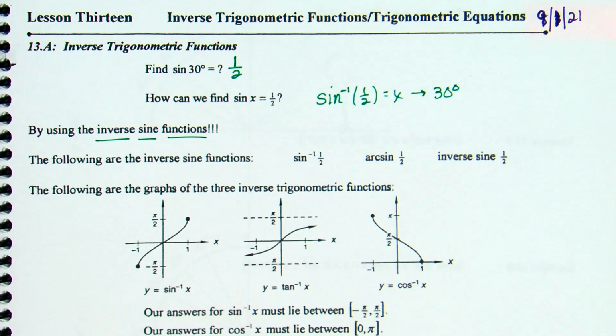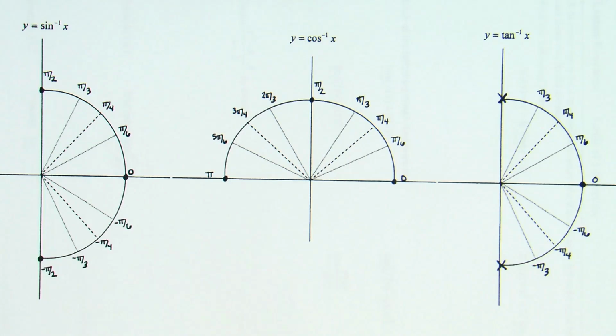Do you remember what this correlates with? Remember those 3 half circles? These 3 half circles are on the next page of your notes. These are your range values for each function. So this is on sine inverse, what your answer could possibly be, on cosine inverse, and on tangent inverse.